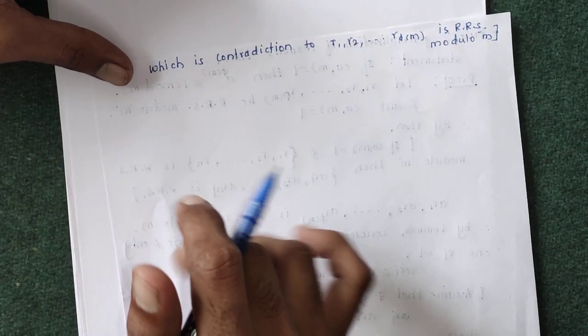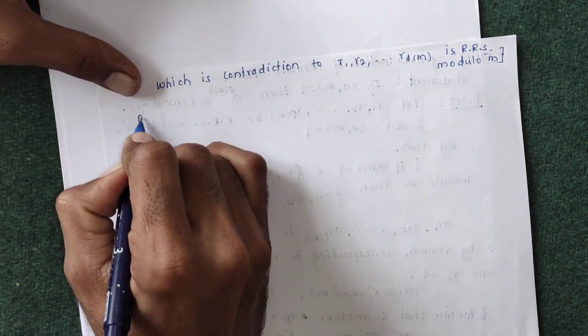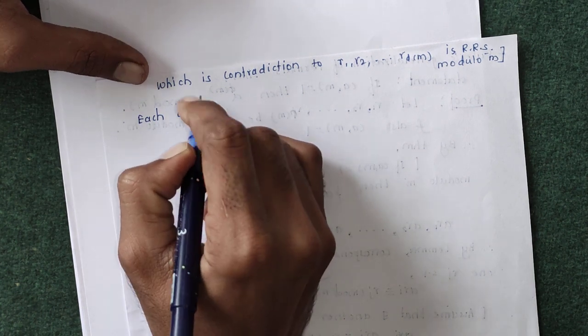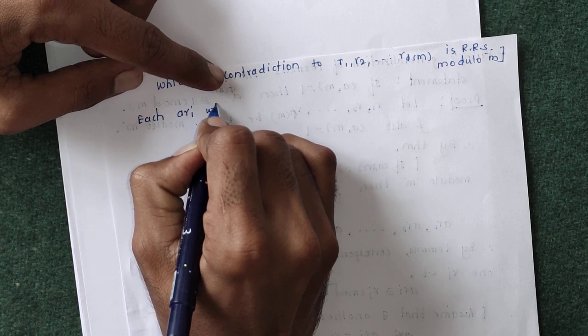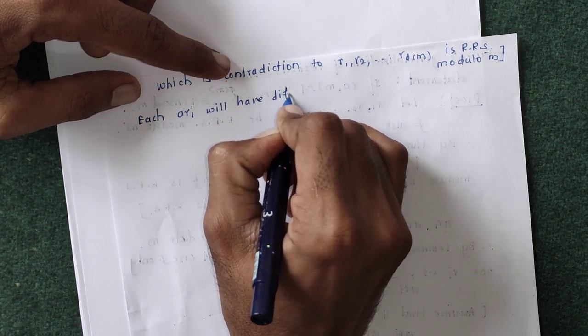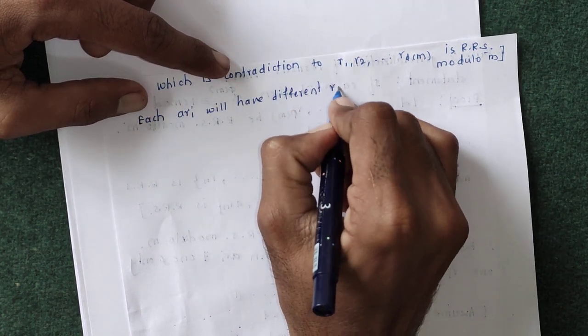From this we can say that each ari will have a different rj.